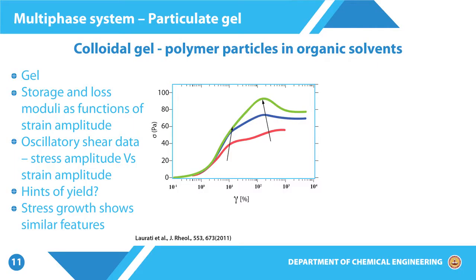Clearly in this case, when we look at stress as a function of strain or time, remember that constant strain rate implies that strain is directly proportional to time. So, the x axis could be time or strain itself, because gamma is equal to gamma dot times time.